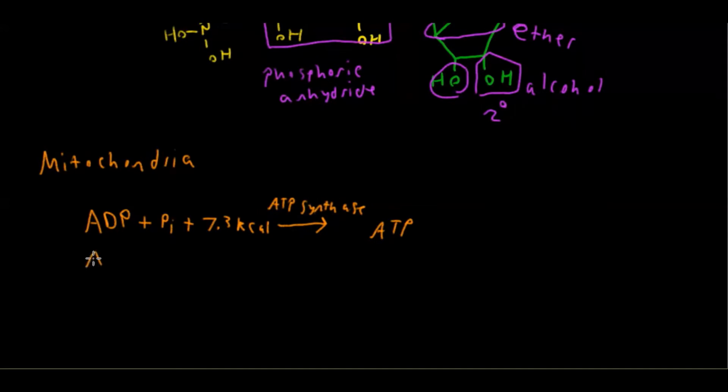We can just reverse this reaction: ATP undergoes the enzyme ATPase, and then it gives us ADP plus inorganic phosphate plus 7.3 kilocalories of energy. So this is what our reaction looks like inside of the mitochondria.